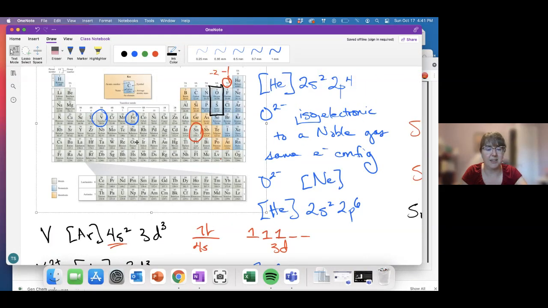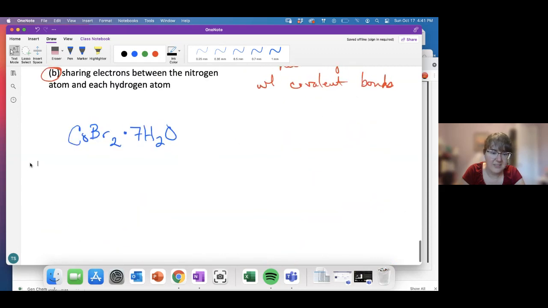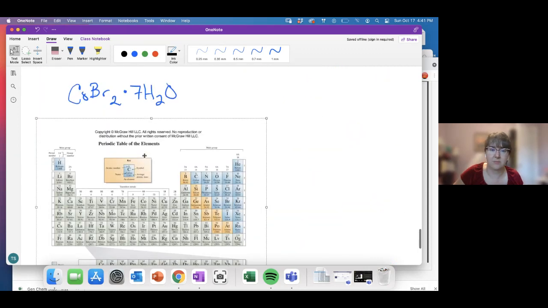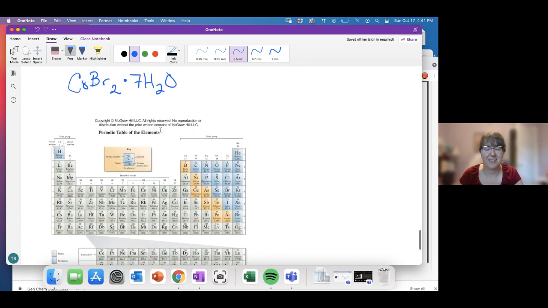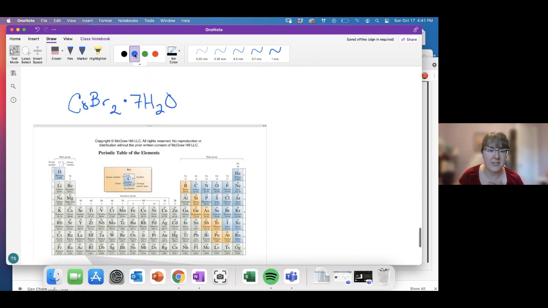I'm going to need this again. So what I'm looking for is that Co, which is hanging out over here, and my Br hanging out over here. My Br is also in 7A, so it should have a -1 charge.